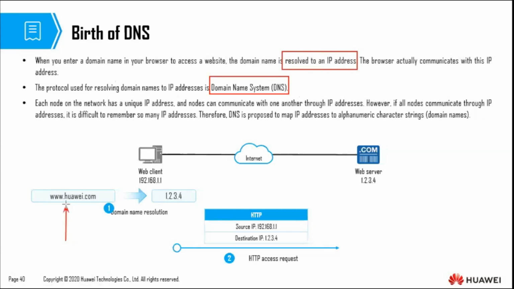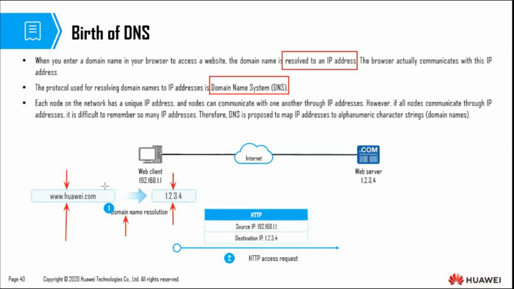When you type Huawei.com, we have domain name resolution, which translates this to a public IP address. So that server that stores this mapping between a name and a public IP address is what we call the DNS server.